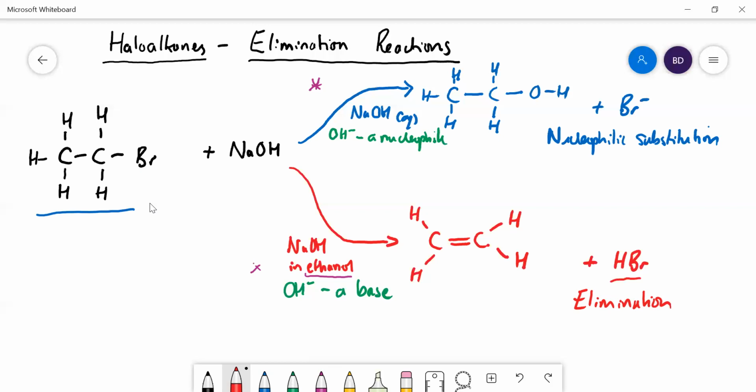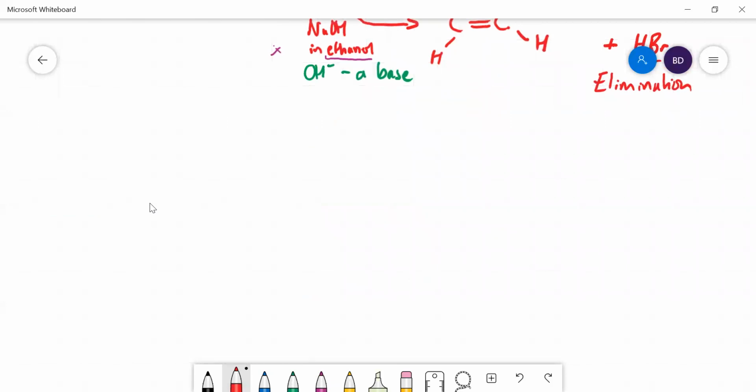So let's look at the mechanism. Okay, down here. So we'll start off with bromoethane again, and I'll put the bromine there. Okay, so the hydroxide ion comes along, and this is acting as a base.